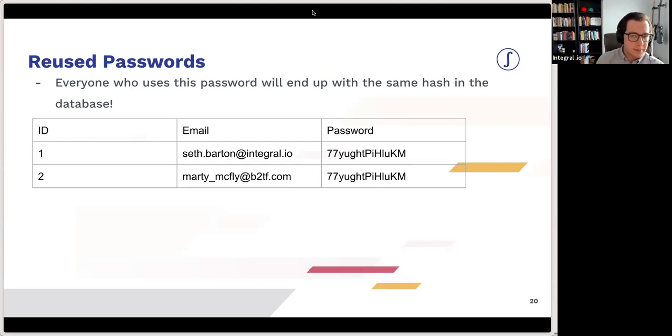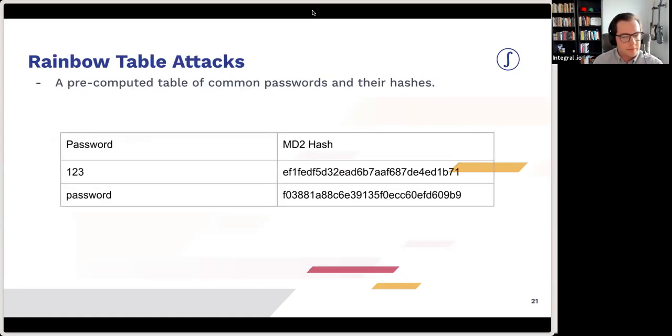And if they use the same password, it's very likely that they used weak passwords. And it's very likely that they used passwords that have already been leaked in a previous security incident. And when that happens, attackers have these tables. We call them rainbow tables, or a hash table, of all the very, very common passwords, or all the passwords that were leaked in prior security incidents, and then posted online, and their corresponding hash.